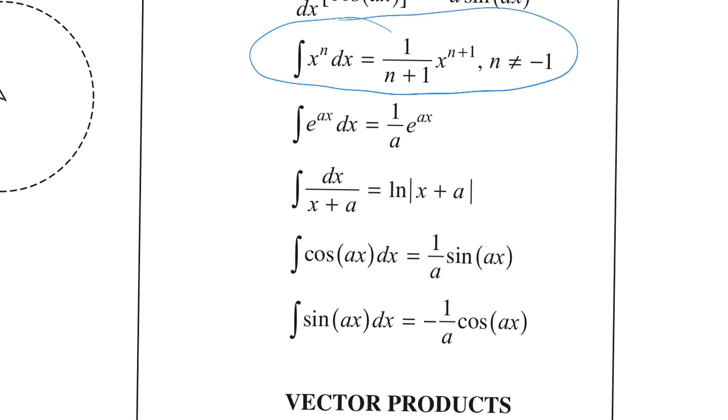We added 1 to the exponent and divided by the new exponent. I know they're using x. X is a placeholder. If I replace this with t, I would have gotten t to the 0 plus 1, 0 plus 1 in the denominator. That is the polynomial rule. Do you see anything here that looks like our function? It's this one. Now, we're going to learn how to use the integral table tomorrow, and we'll finish this.